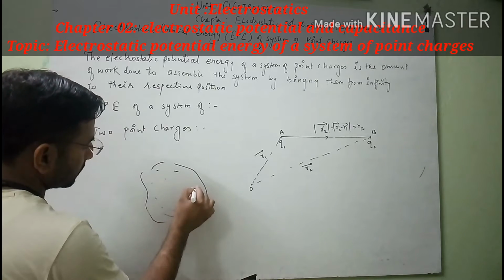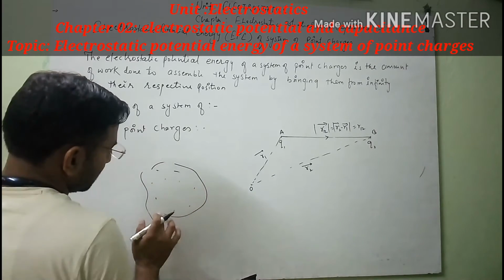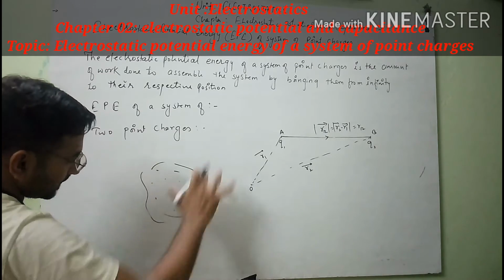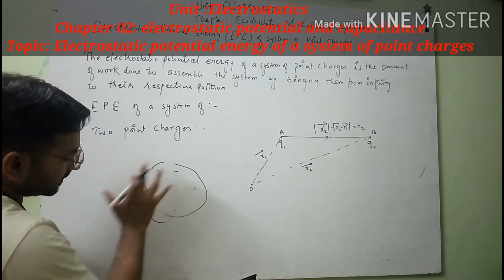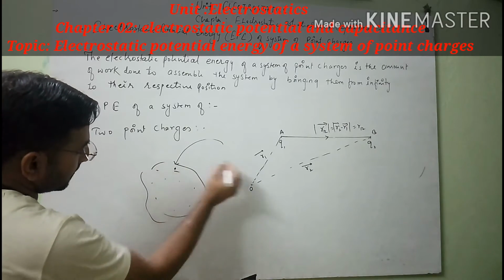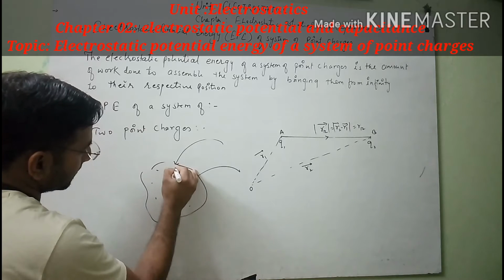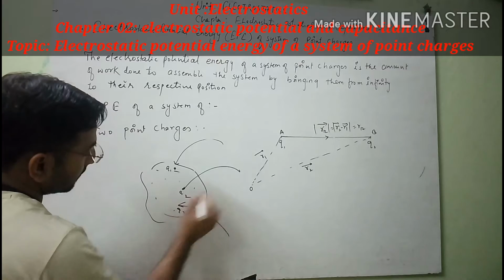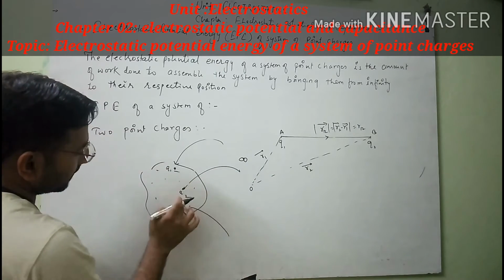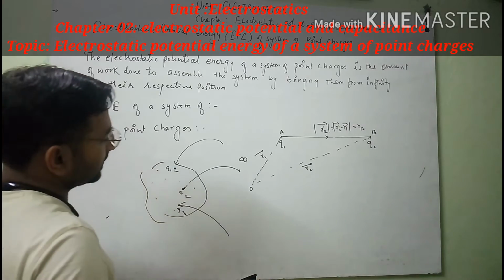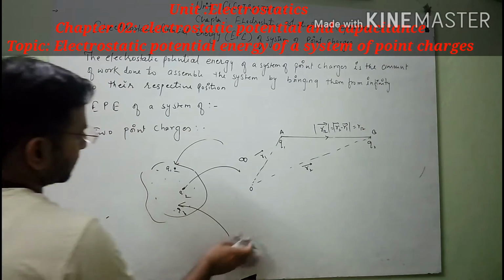Electrostatic potential energy is the amount of work done to assemble this system of point charges by bringing them, meaning point charges q1, q2 and so on q3, from infinity to their respective position with respect to the point of reference. Clear? This is the definition of electrostatic potential energy.